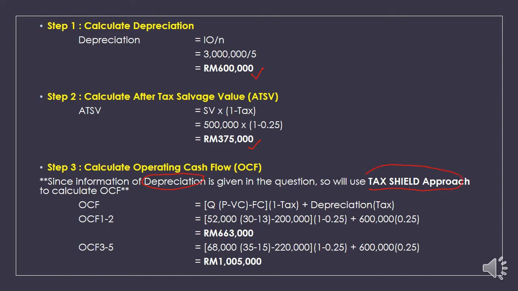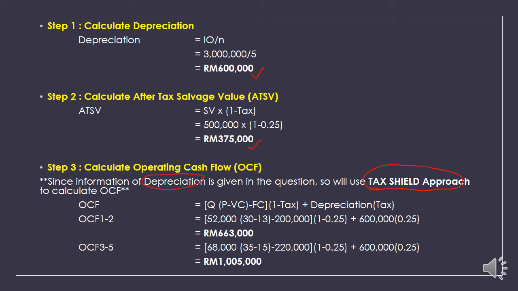Based on the tax shield approach, the formula of OCF equals Q, which is quantity, times P, selling price per unit, minus VC, which is variable cost, minus FC, represented by fixed cost, times 1 minus tax, plus depreciation times tax.